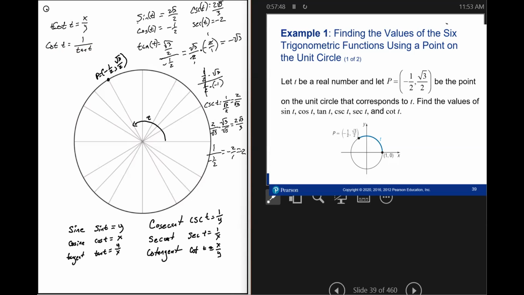That means we take the reciprocal of the tangent, which in this case is 1 over the negative square root of 3, and then I multiply numerator and denominator by the square root of 3. And so it's going to be negative, and so that's going to be the square root of 3 over 3.